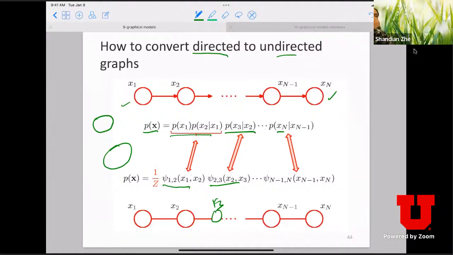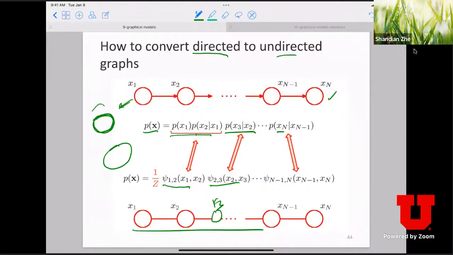The family of distributions. If you convert the Bayesian network to a Markov random field, converting the product distribution may change. So that means, okay, you can convert this distribution to this graph, right?